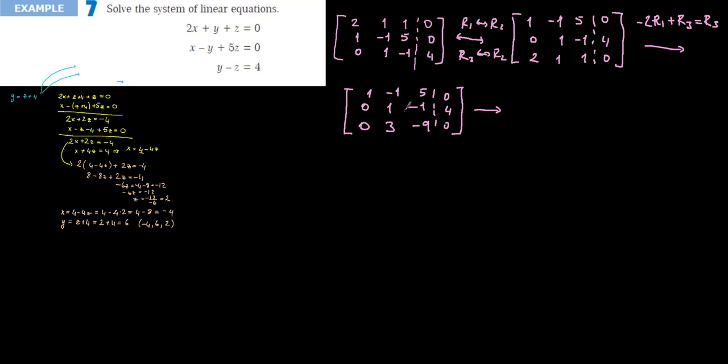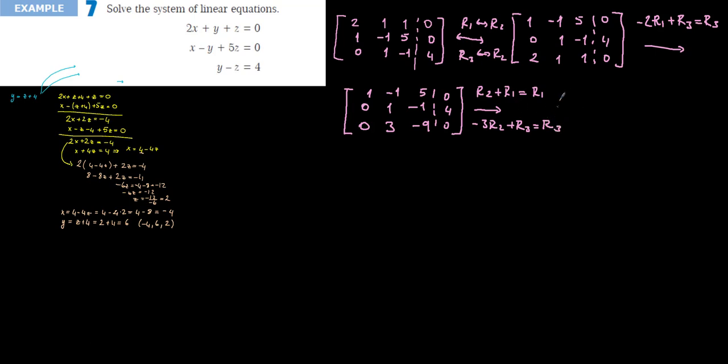So the new operation should be: this is 1 now, so the rest of the entries in the column should be equal to 0. That's why R2 plus R1 should be the new R1, and minus 3 times R2 plus R3 should be the new R3.